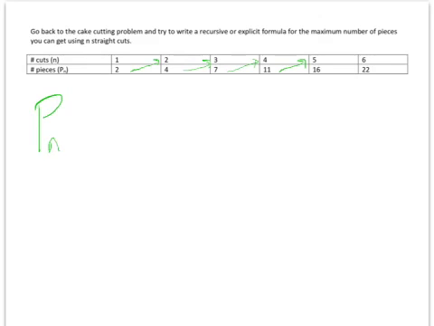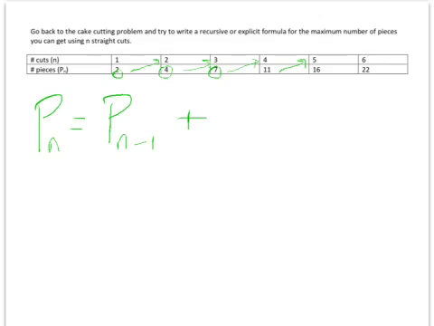So P sub n, the number of pieces of cake we can get with n cuts, is equal to the previous number of pieces we got, so that would be P sub n minus 1. That's this 2, or this 4, or this 7; those are going to be my P sub n minus 1s.